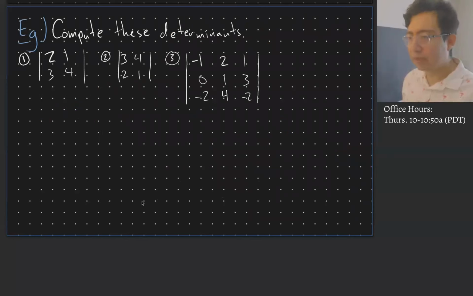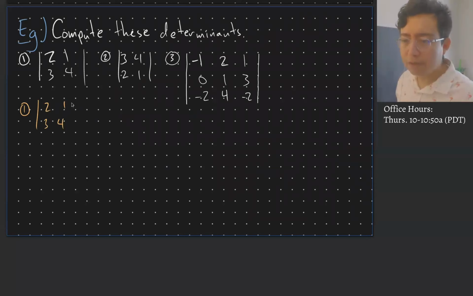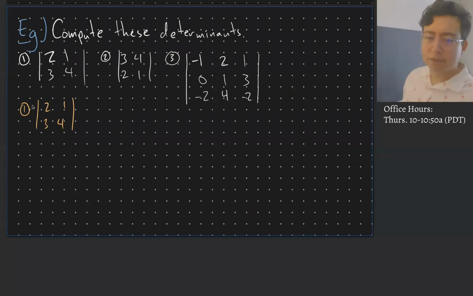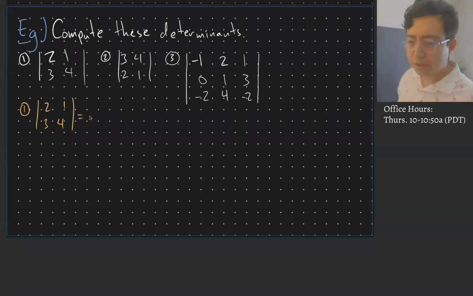Okay, cool. So here are some examples that I want us to compute. We'll start with number 1 here. We're going to compute the determinant of 2, 1, 3, 4. Again, these are 2x2s. The 2x2s shouldn't be too bad, right? So we have 2 times 4 minus 3 times 1.